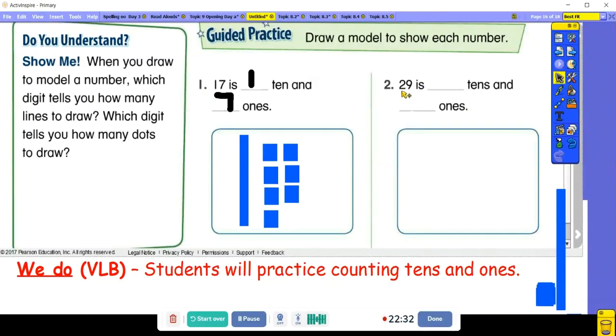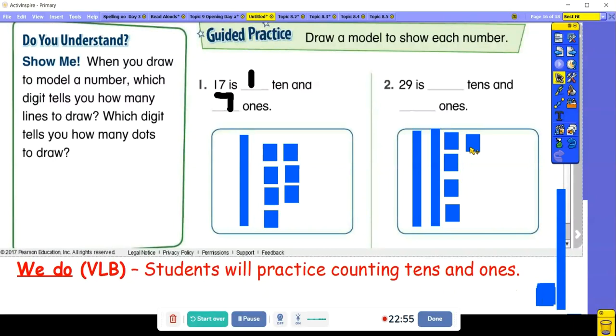We can do the same for 29. So here I'm going to look at my number in the tens place and I see a 2. So I'm going to count out 10, 20, 21, 22, 23, 24, 25, 26, 27, 28, 29.